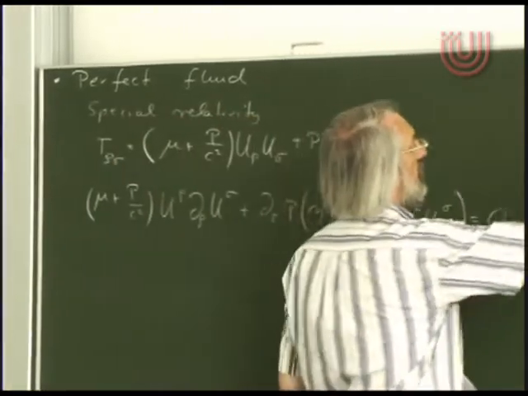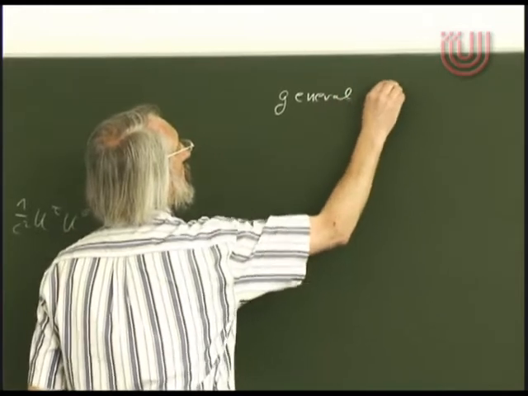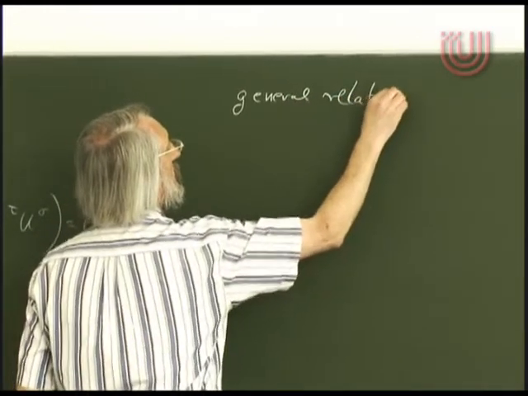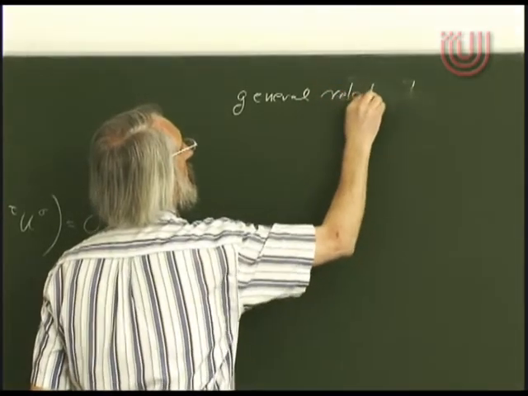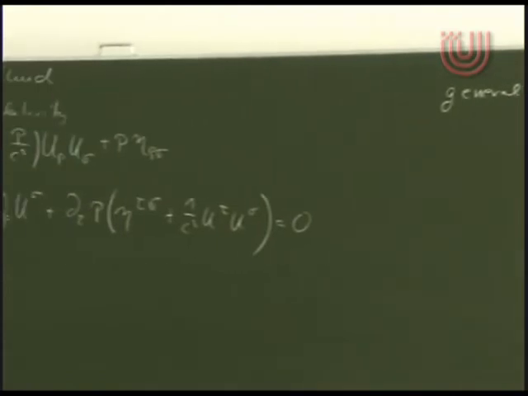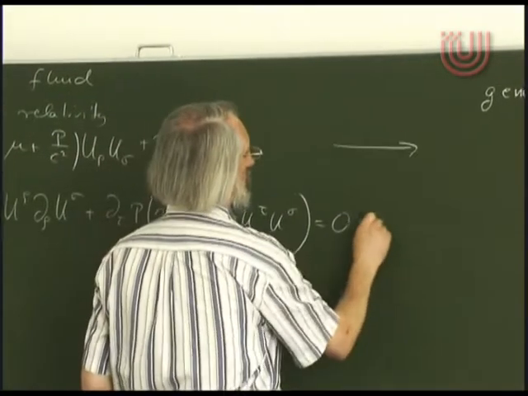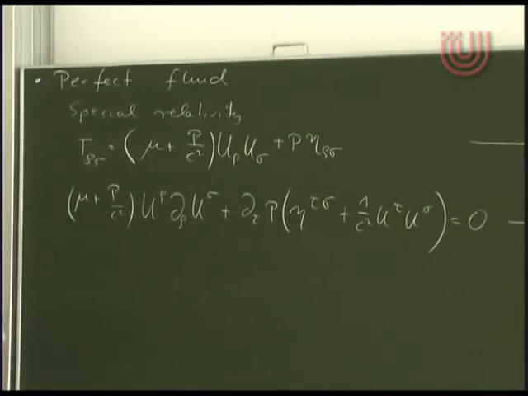And now we translate this into general relativity with the rule of minimal coupling. The rule was, look where the etas are and look where partial derivatives are, and then replace them.